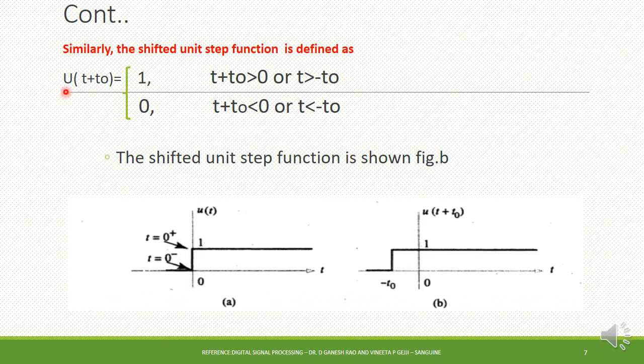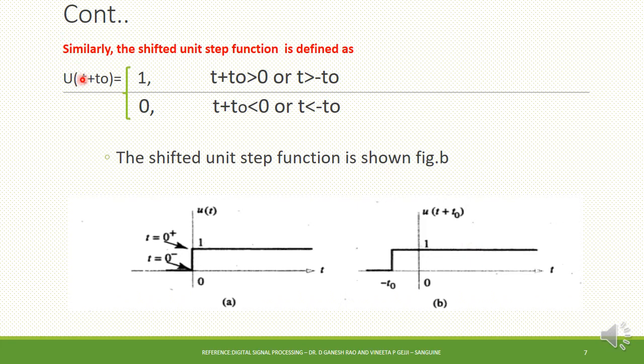According to that, we have written that u of t plus t0 is equal to 1 when t plus t0 is greater than 0, or you can say that t is greater than minus t0. And it is 0 when t plus t0 is less than 0, or t is less than minus t0. The same thing is shown in this figure.